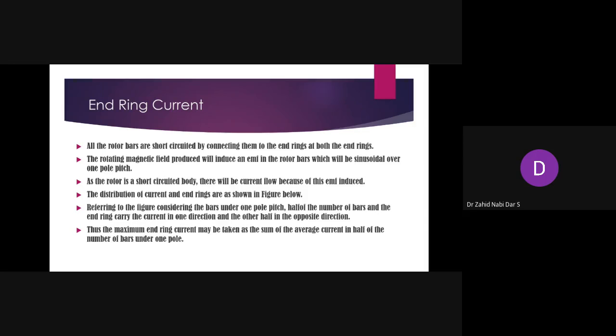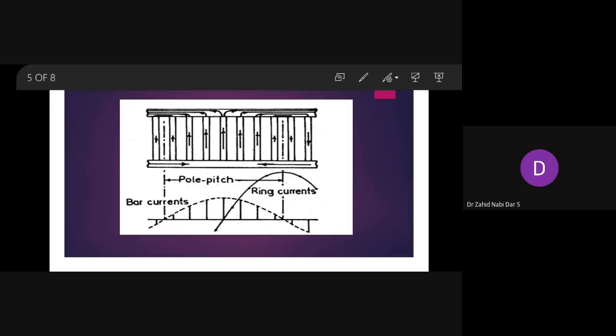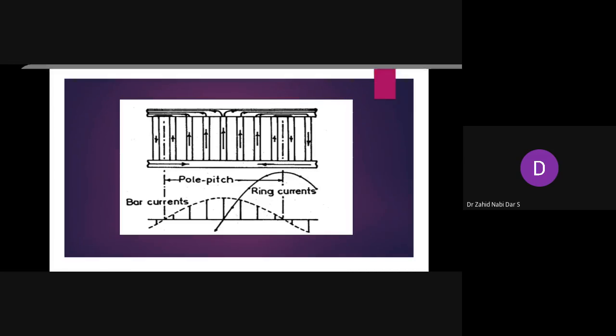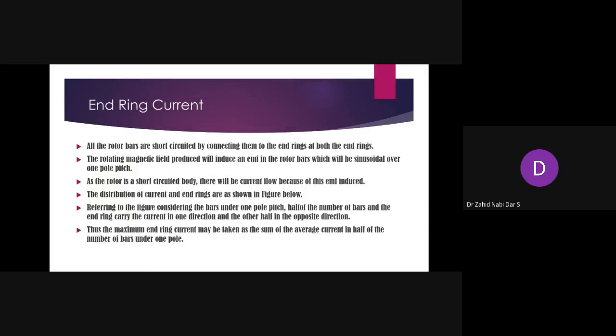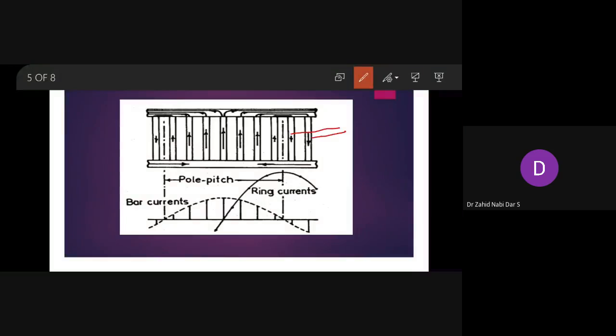Coming to end rings, in this figure we can see the rotor bars are short circuited to the end rings. These bars here are rotor bars, and these two here at the top are the end rings.